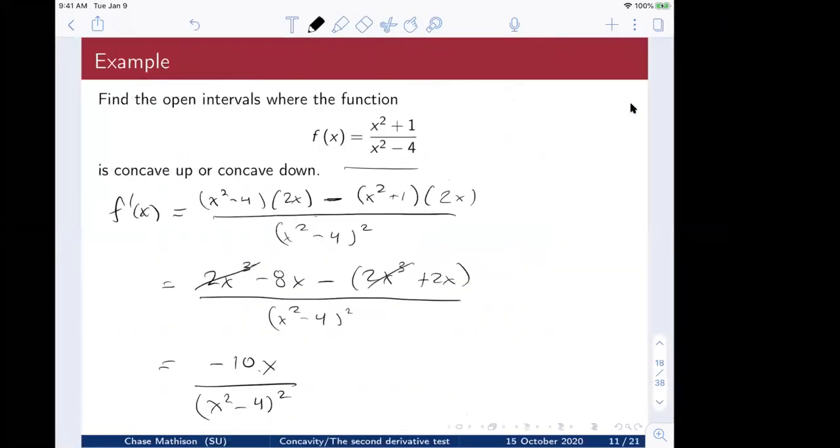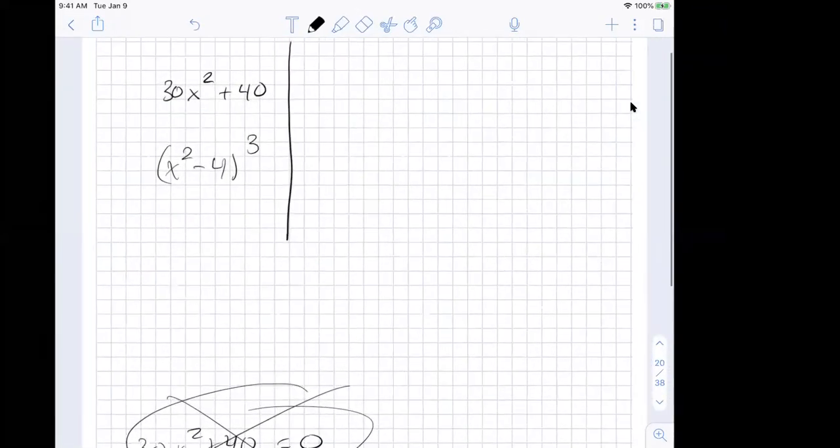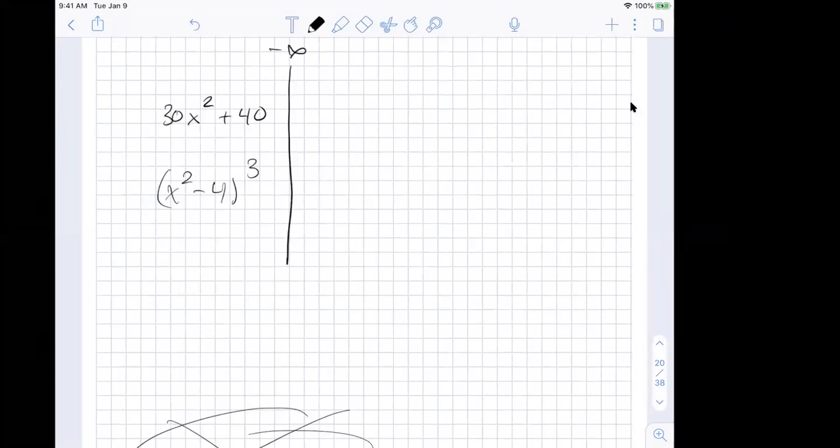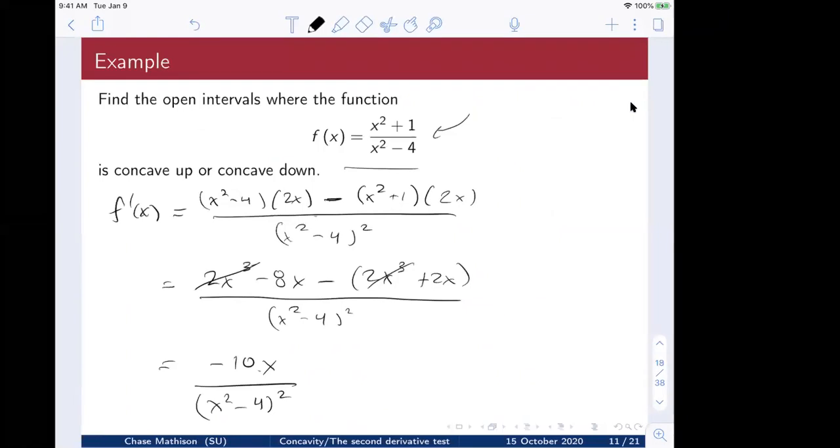Well, where is this function defined? It's almost all real numbers. I'm looking at the interval negative infinity, but is there any place where f of x isn't defined? x equals plus or minus 2, right?